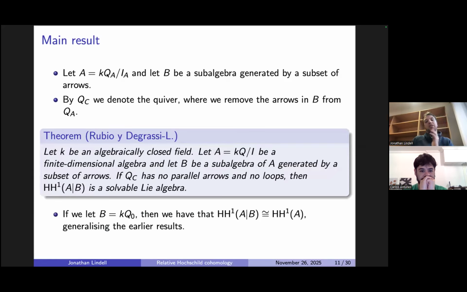We can note that if we take B to be generated by the empty set of arrows, then B is just given by the semisimple part, and in this case, the relative Hochschild cohomology is just isomorphic to the absolute Hochschild cohomology. Also, Q^C is then the whole quiver, so this generalizes the earlier result.